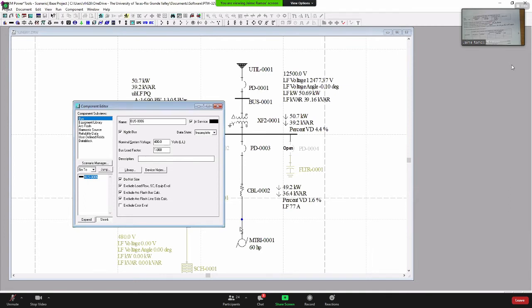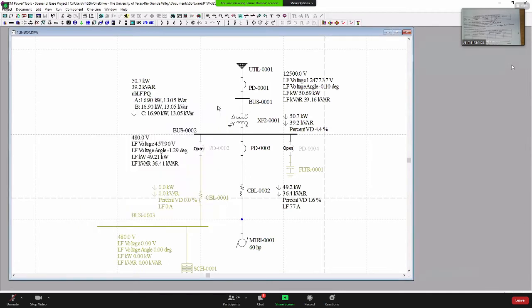So it seems like this bus is created automatically whenever we insert the motor at the end of the cable, without creating the actual bus. The actual bus looks like the thick lines. All right.